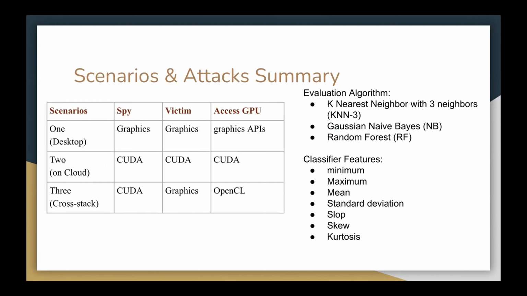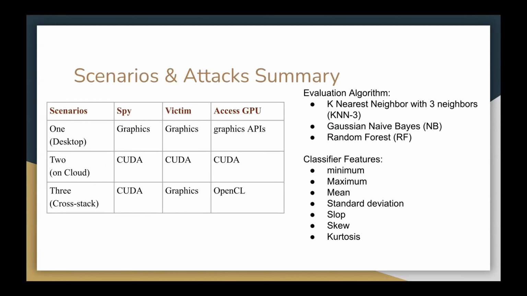And here's a chart from the paper explaining how the 3 different scenarios are happening. It shows the victims and spies, and the intermediate tools they use to achieve the spy. We're going to talk about the threat scenarios in detail.